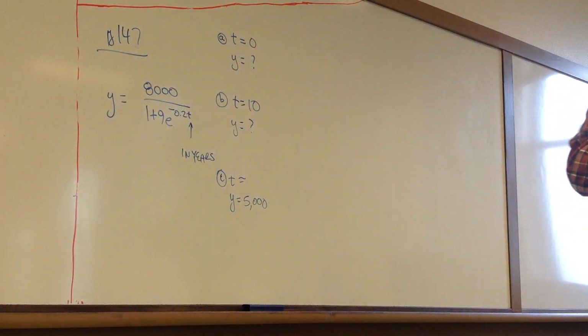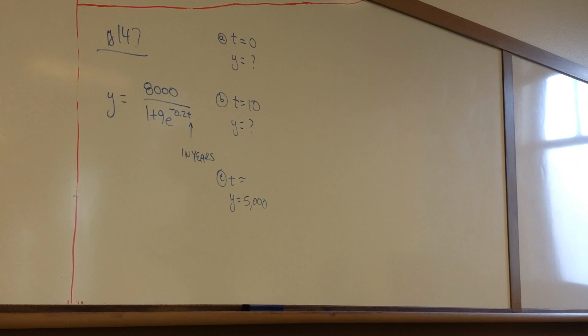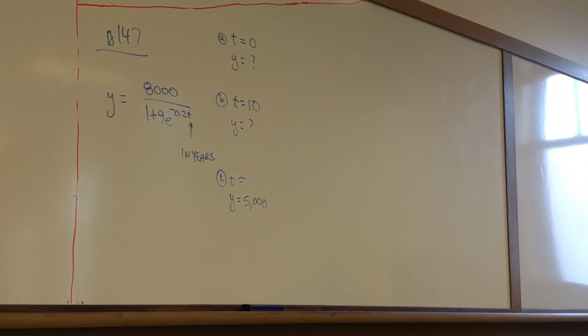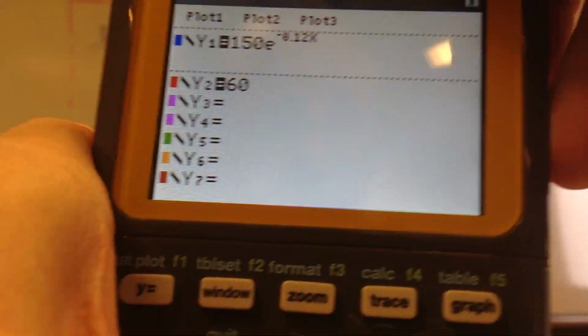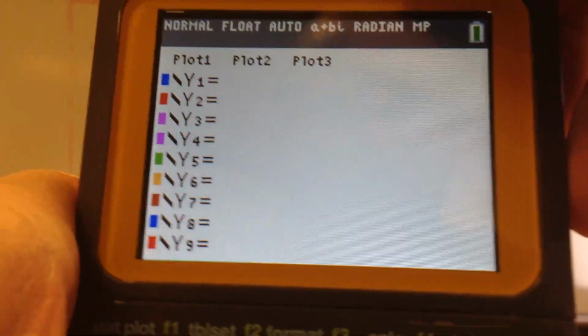Okay. So let's go ahead and put that equation into the graphing calculator, and then we'll take a look and see what it looks like. All right, so first let's get the camera focused. There we go. So let's erase these from this previous example.